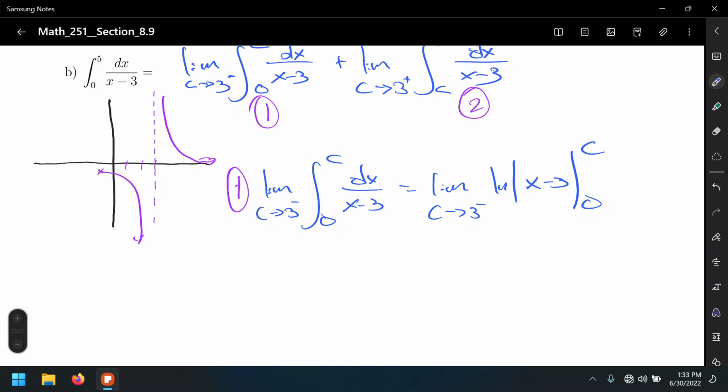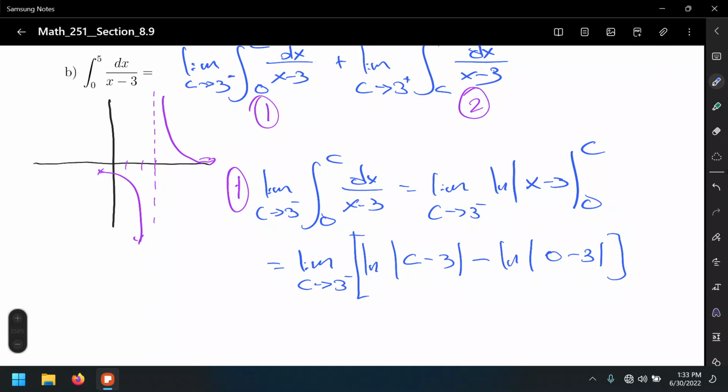Okay, as usual, upper limit minus lower limit. This will be limit c approaches 3 from the left, ln of absolute value of c minus 3 minus ln of absolute value of 0 minus 3.